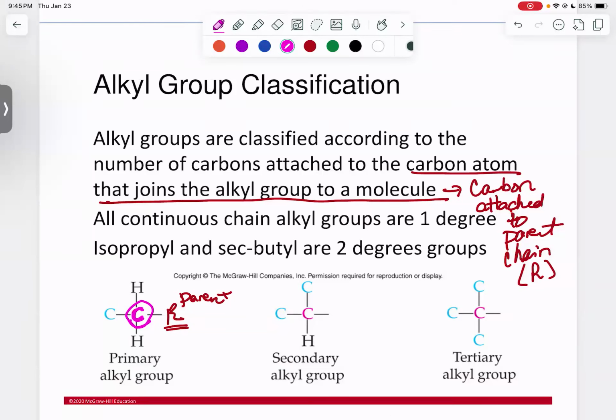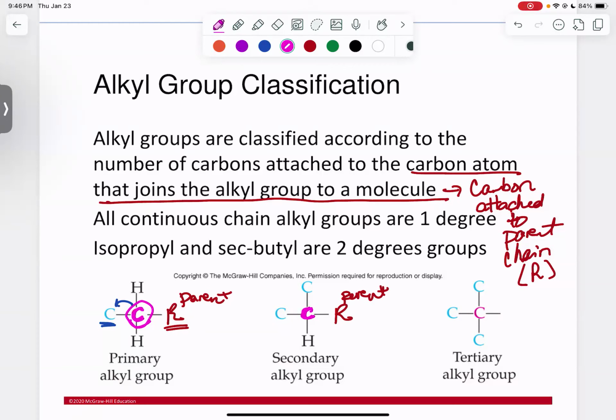And if I look and I say, how many other carbons is this pink carbon attached to that's not in the parent? We're not counting the parent. There's only one. So this is a primary alkyl group. So then if I look at my next one, I still have my parent here. And then I'm going to look at my pink carbon. Here's my pink carbon right here.